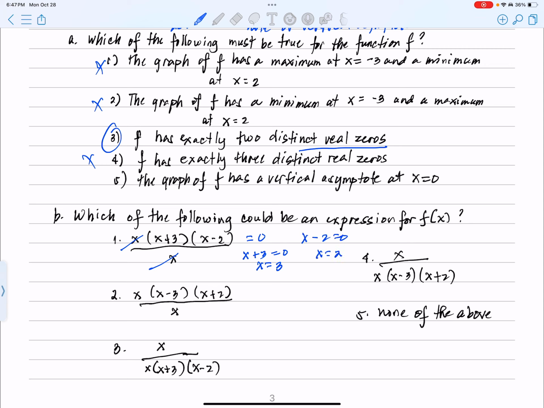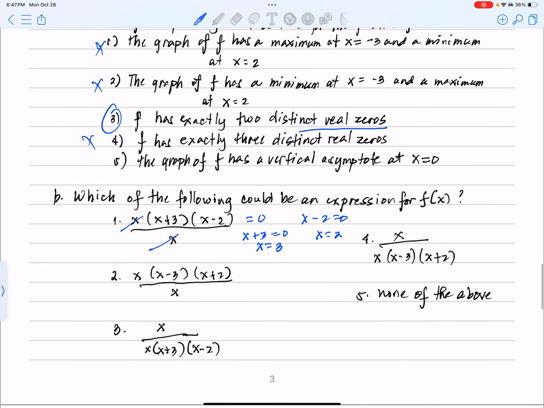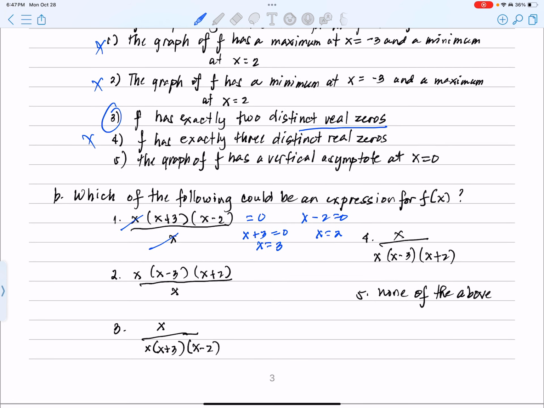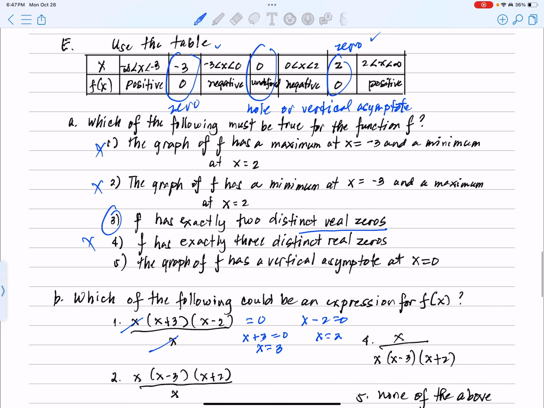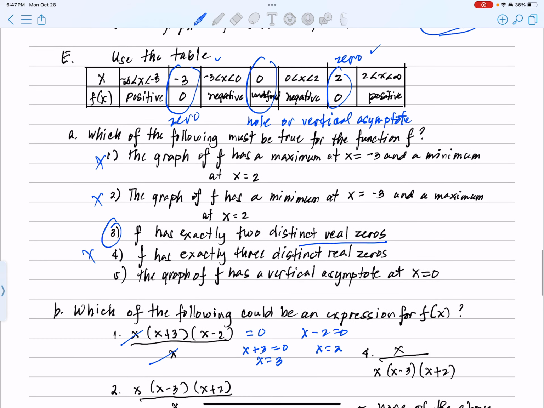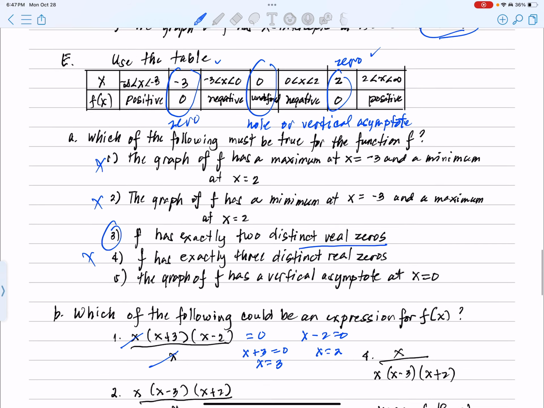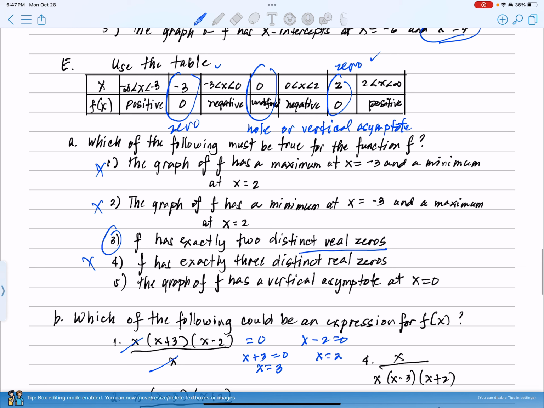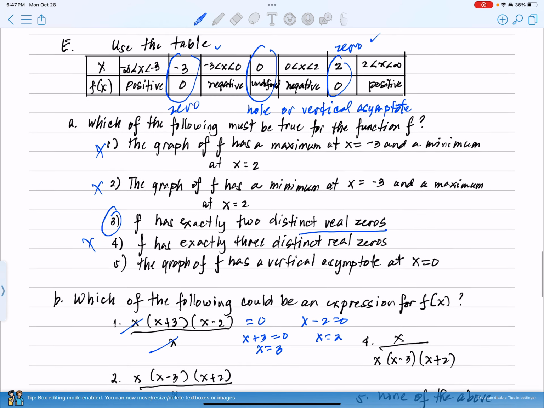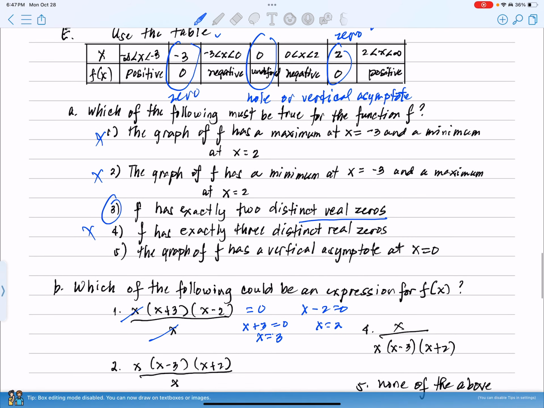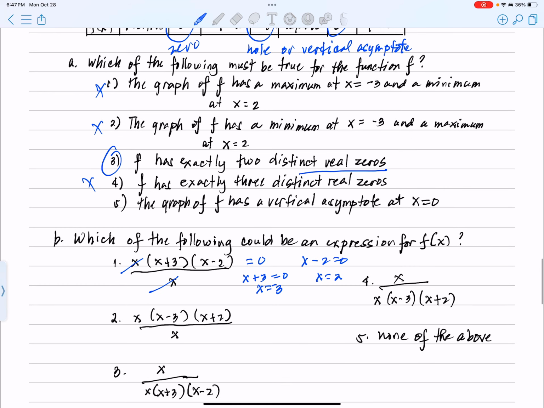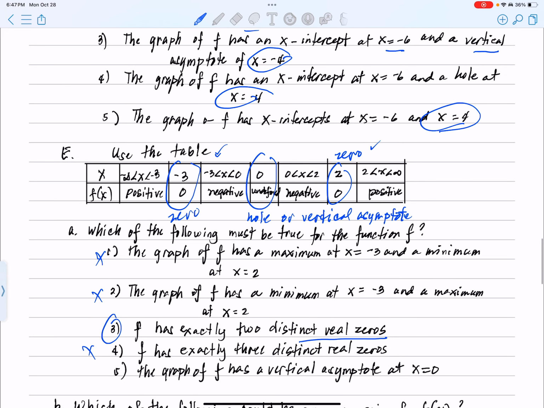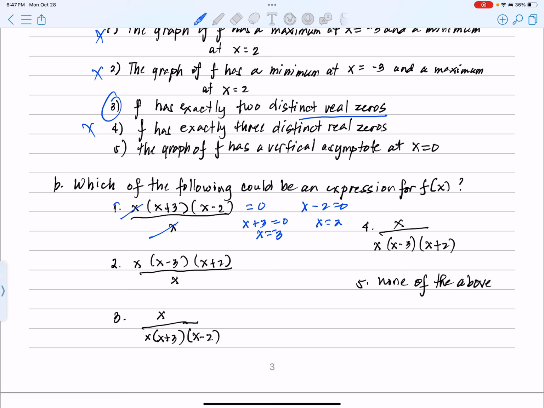I'm just doing this to find later on what the graph looks like. So let's look at the zeros here. What zeros do we have? Negative 3 and 2. We have the 0 at negative 3 and at 2. So this answers our question.